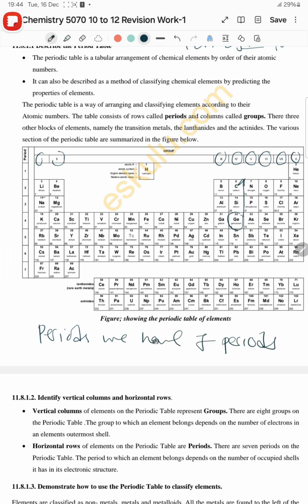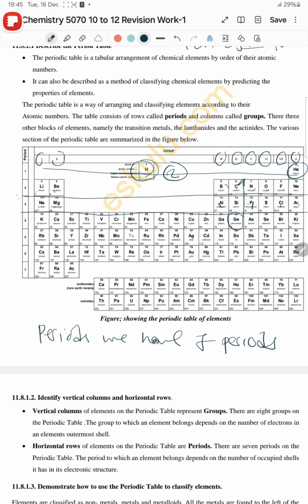This is period 1, and period 1 has how many elements? 2 elements, that is hydrogen and helium. Period 2 has 1, 2, 3, 4, 5, 6, 7, 8 elements. Period 3 also has 8 elements.